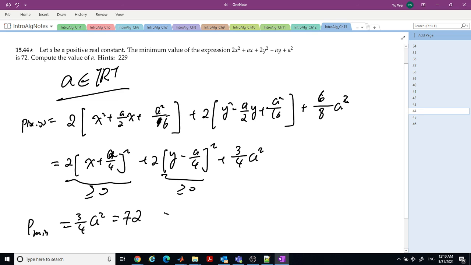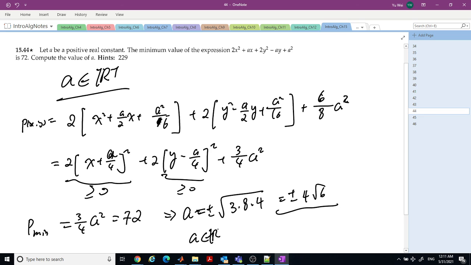So now we can calculate a equals plus or minus the root of 72 times 4 over 3, which is 96. Then it's plus or minus 4 root 6, right? Because we are talking about a belonging to the positive reals, so a is 4 root 6.